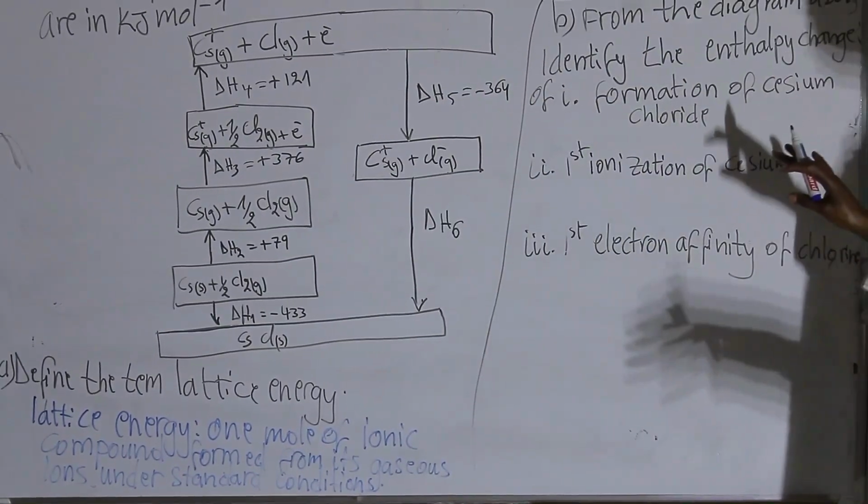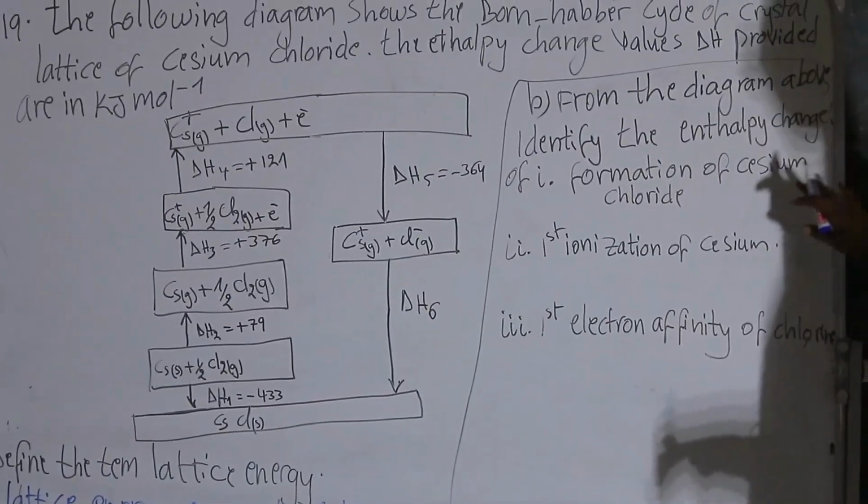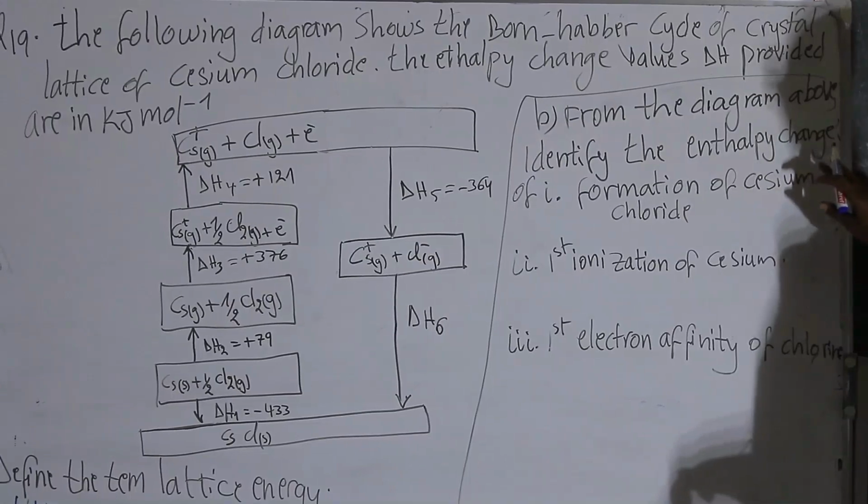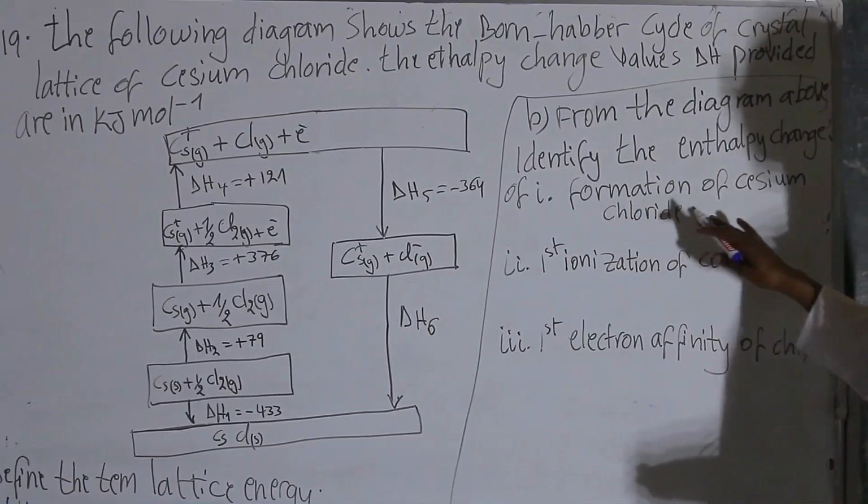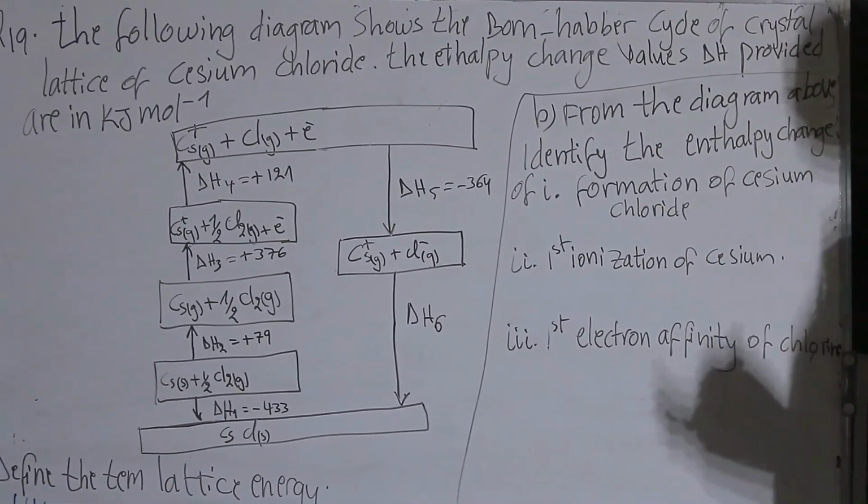For question B, from the diagram above, identify the enthalpy change for formation of cesium chloride.